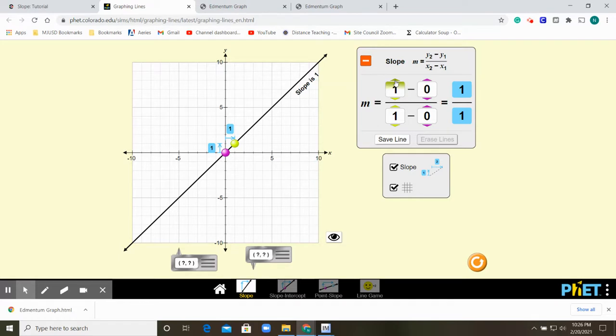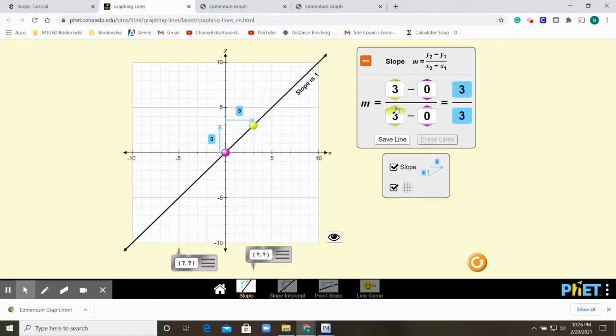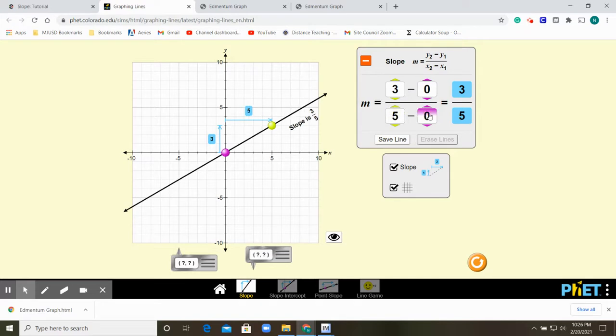So the first was 3 minus 0 over 5 minus 0 equals 3 over 5. The slope is 3 over 5. We can see the rise over the run, 3 over 5.